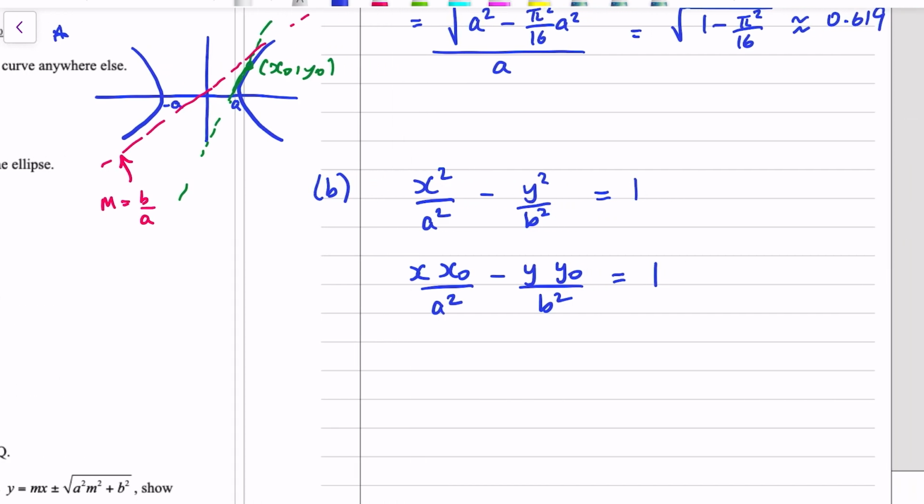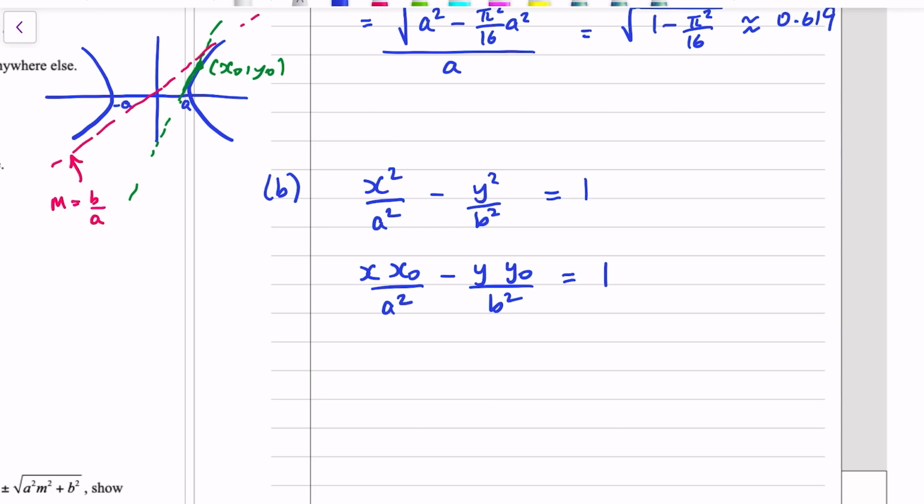So it's going to get messy, but if I make y the subject of the second one, so there's my y, leave everything else alone, so move everything else away. Okay, we've got x naught over a squared minus 1 times y naught over b squared times y, and multiplying both sides by b squared over y naught, that's my y equation.